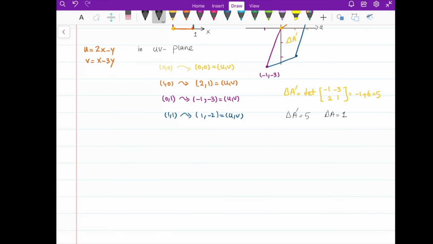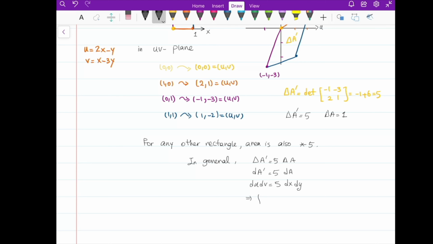So let me write that. For any other rectangles that we take, the area is also a multiple of 5. So in general, I can say delta A prime, the area after the transformation, would be 5 times delta A. So dA prime would be 5 dA, and so du dv would be 5 times dx dy.